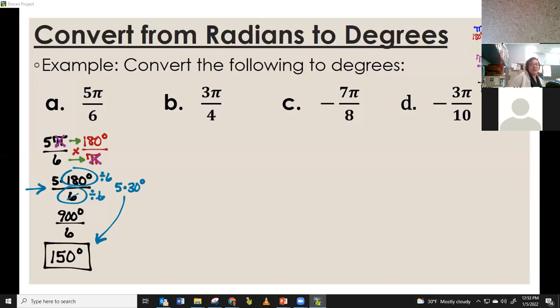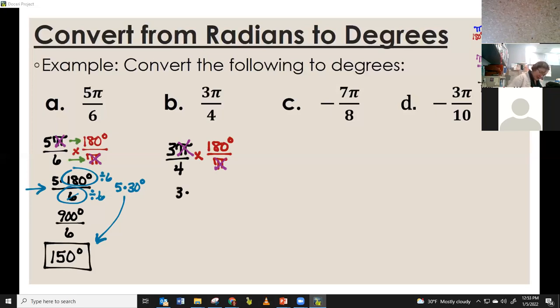All right, so let's run through this very briefly. You're going to do this one exactly the same as the last one. You're going to multiply by 180 degrees over pi because you want pi to cancel. Anytime we're going into degrees, we're going to have the 180 in the top. Anytime we're going into radians, we're going to have the 180 at the bottom.